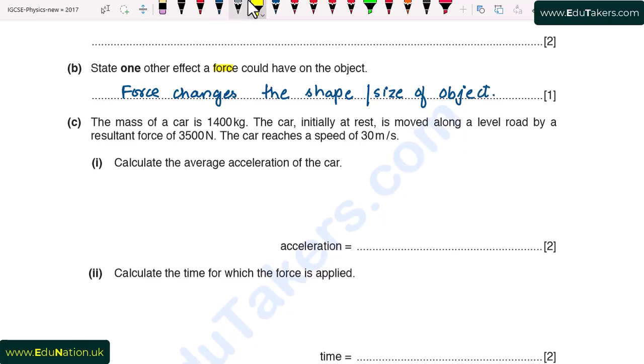Next part, C. The mass of the car is 1400 kilogram. The car, initially at rest, is moved along a level road by the resultant force of 3500 Newton. The car reaches a speed of 30 meter per second. Part 1. Calculate the average acceleration of the car.